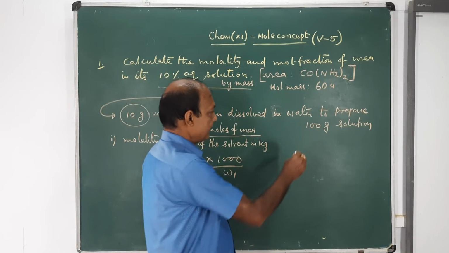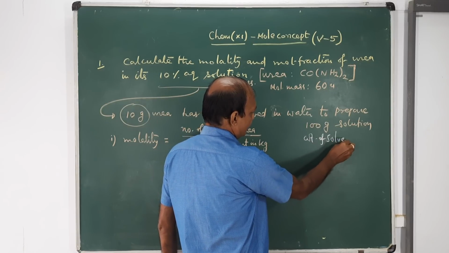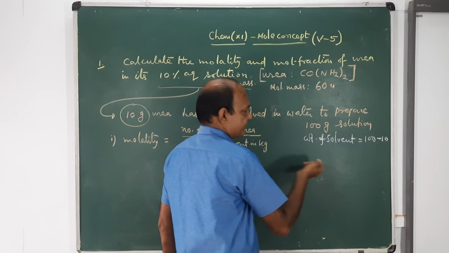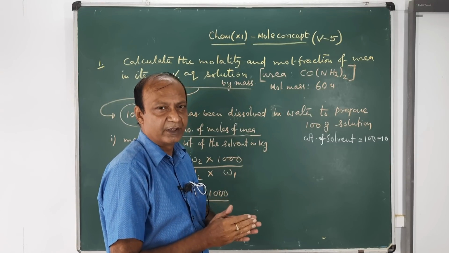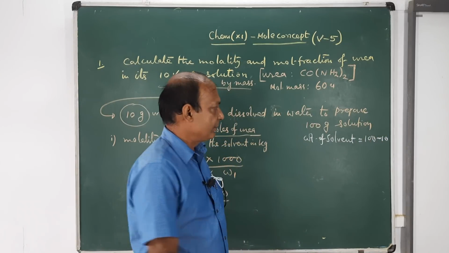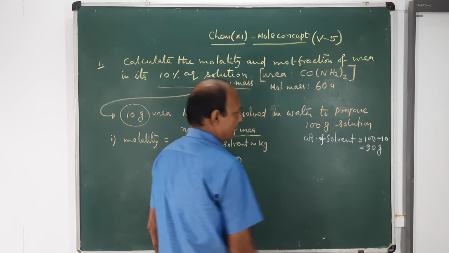So the weight of solvent equals 100 minus 10, because there is 10 gram urea in it. 100 gram is the total mass of the solution and the mass of the solute is 10, so subtracting gives the weight of solvent, equal to 90 gram.